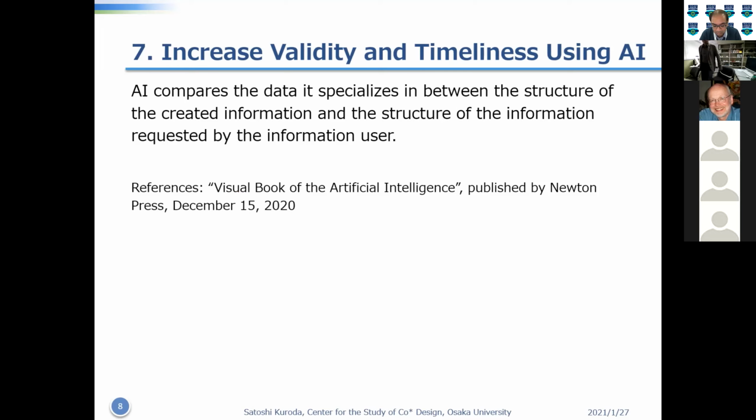Use AI to extract, match, and recommend data that includes a number of suggestions, such as what people are happy about and dissatisfied with, and how to obtain information. These are digital communications that allows AI to act as a bridge between information producers and information users.